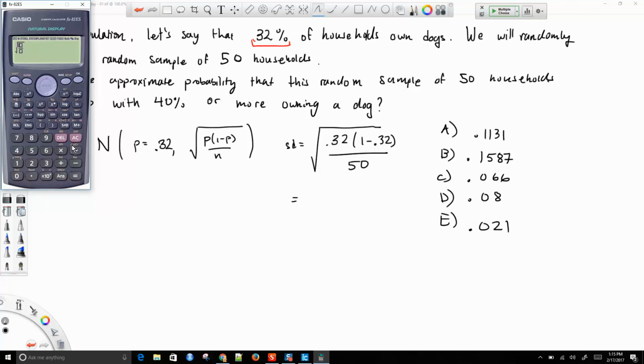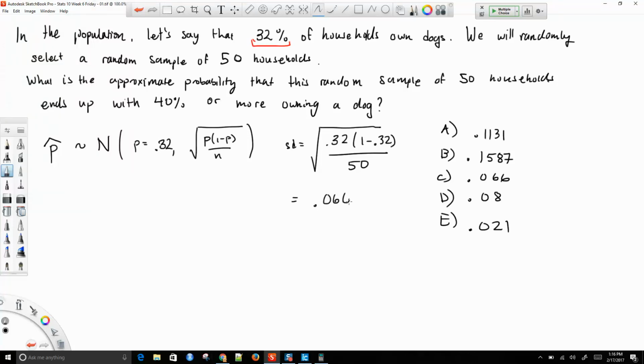I got 0.32 times 1 minus 0.32 divided by 50, square root, 0.06597. So I'm just going to round off to 0.066. Okay. So now if I create a little picture here, we're going to put in the center 0.32, and we're curious about being at 40% or more.